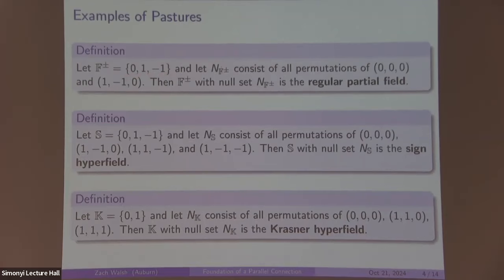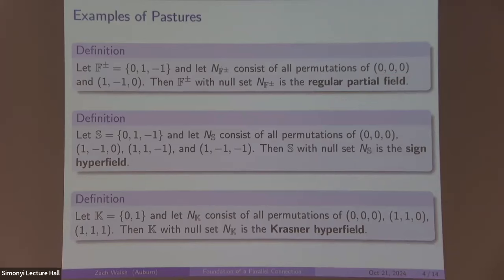My triples in the null set are just 0, 0, 0, which has to be in there, and then permutations of 1, -1, 0. This is a pasture. It satisfies those 4 properties from the last slide, and it is called the regular partial field.